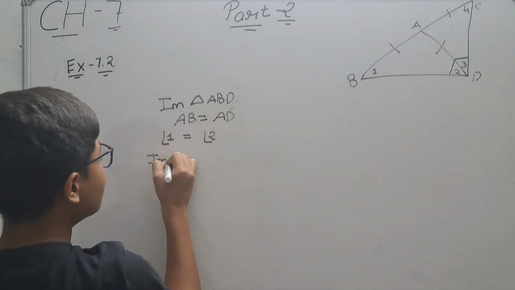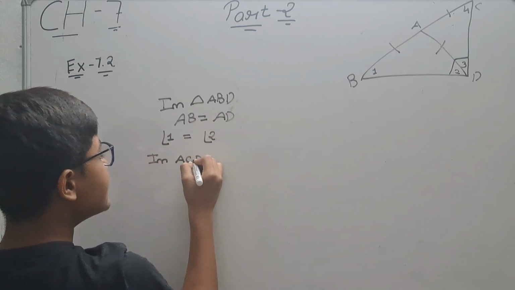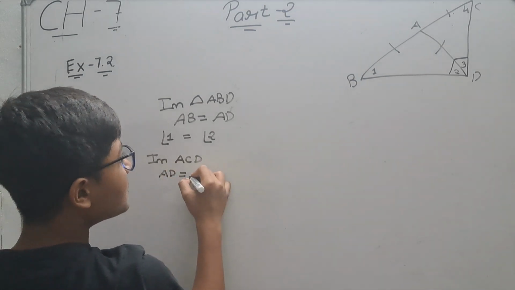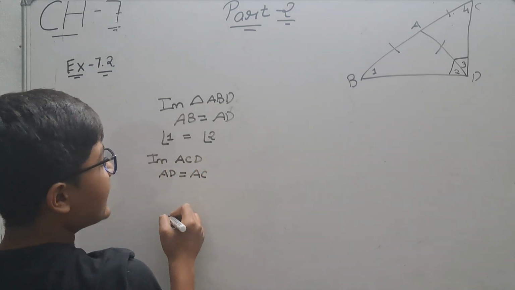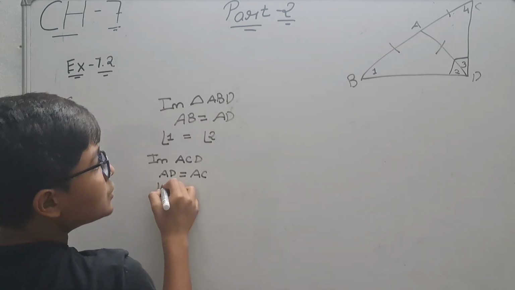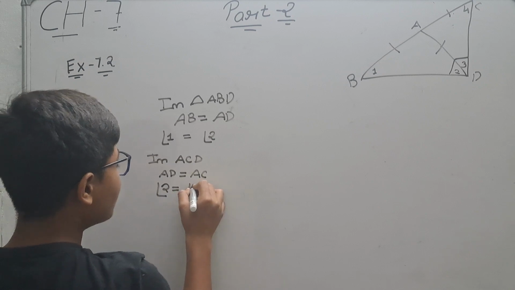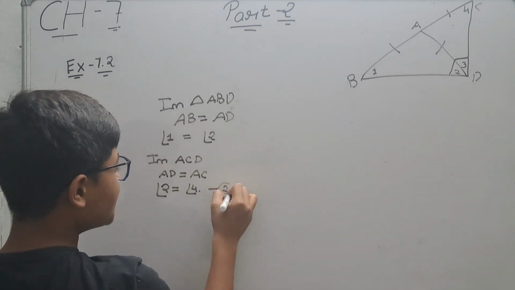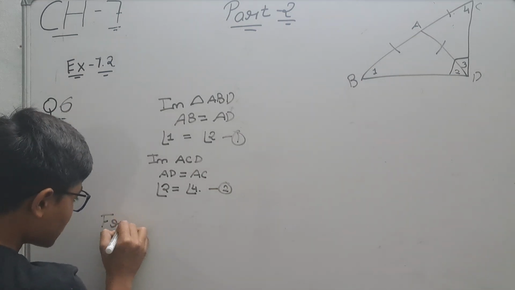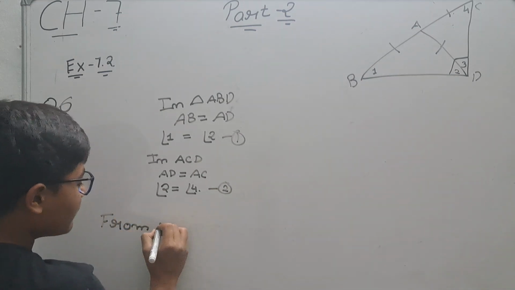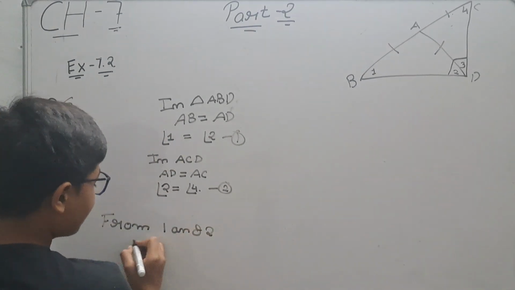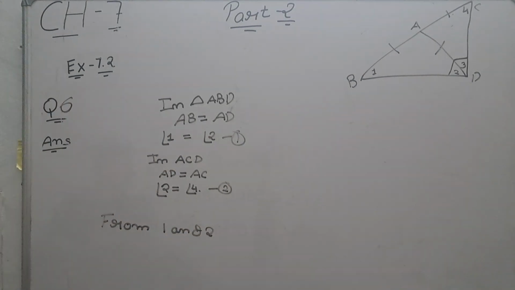And in triangle ACD, AD is equal to AC. So we can write like that also: angle 2 is equal to angle 4. This is equation 2, this is equation 1. From 1 and 2, okay, wait for 2 minutes, students.